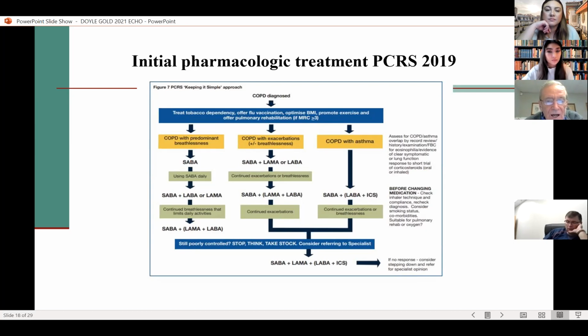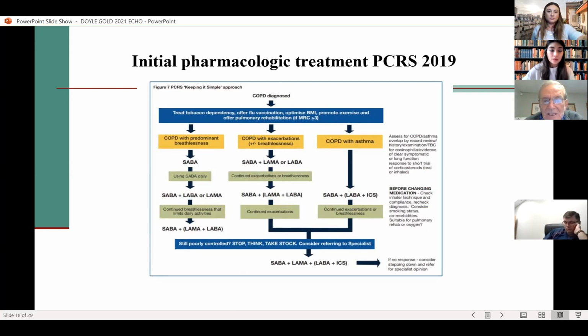And you can see at the top there, the blue line, they stress non-pharmacologic things, and then they separate people into 3 categories: COPD with predominantly shortness of breath, COPD where the problem is more exacerbations, and COPD with asthma. And I think asthma means that there's significant reversibility on their post-bronchodilator study.